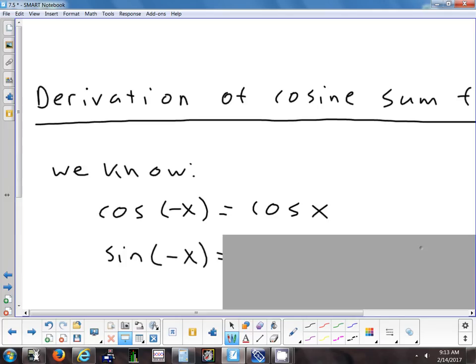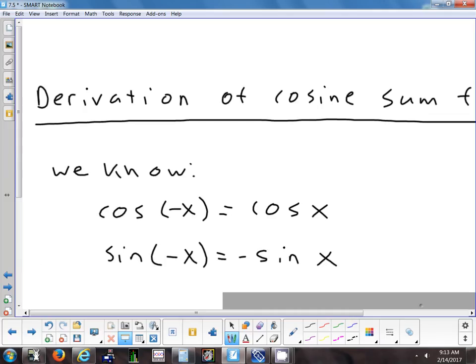Now, when you have a negative with sine, you can't just get rid of the negative, but does anybody remember where you can move the negative? To the outside. All right, so for example, the sine of -10 is the same as the negative sine of 10. So with cosine, you can get rid of the negative. With sine, you can move it to the front.